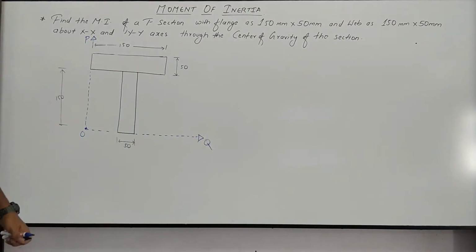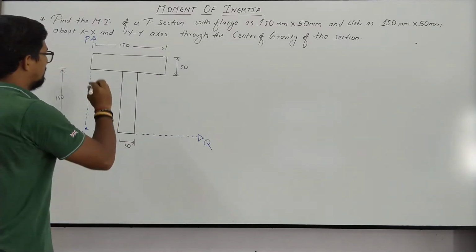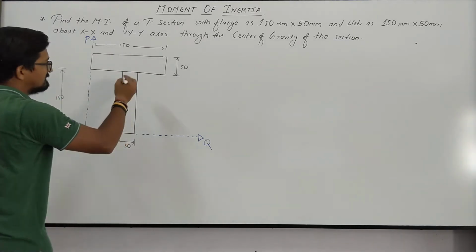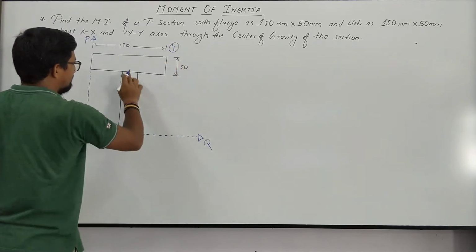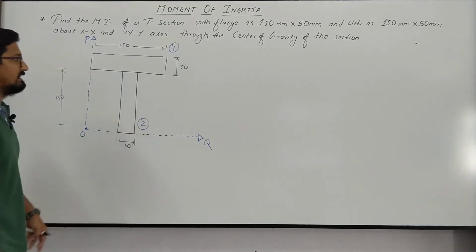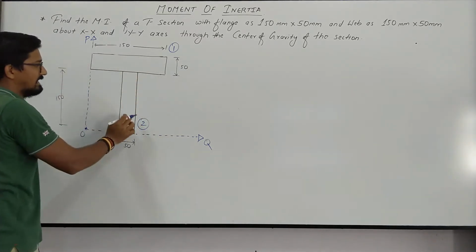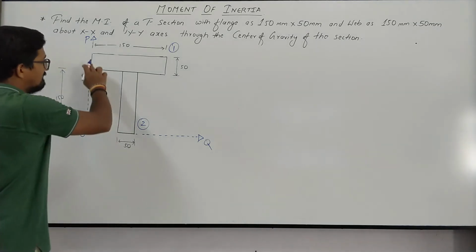Now first we will mark this rectangle as section 1 and this rectangle as section 2, correct? We have divided the figure into 2 sections, rectangle 1 and rectangle 2. Then we will see where the CG of each rectangle is.